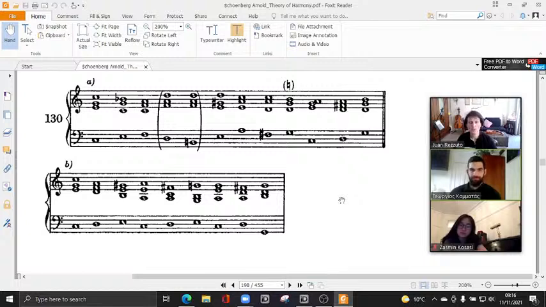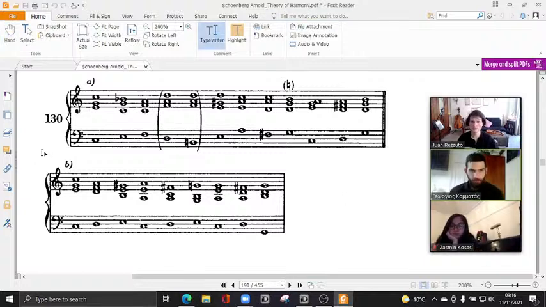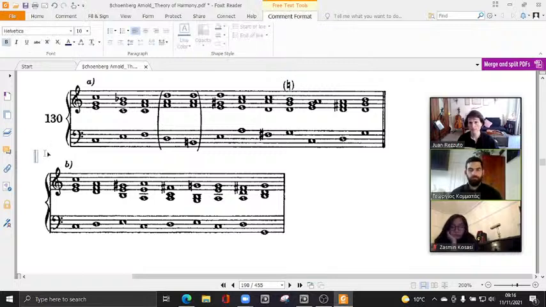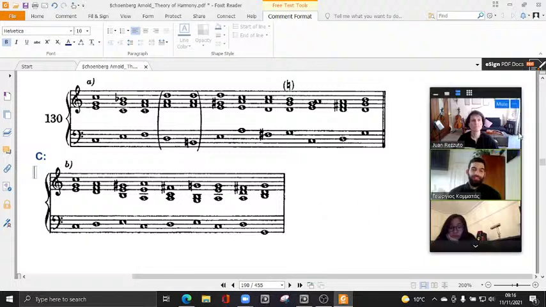So, which are the chords? C to G. Let's try it. C first, and then ultimately G. Now, which is the pivot chord?